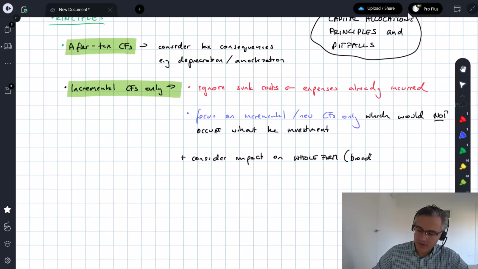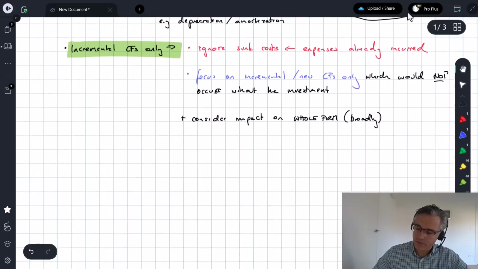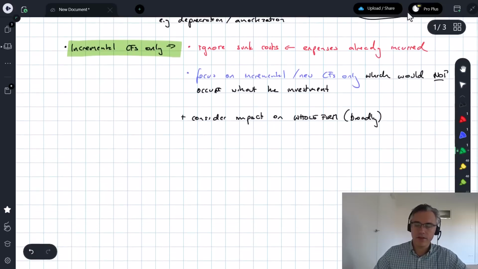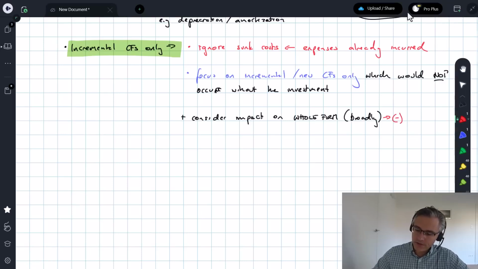Because sometimes a project that appears brilliant because it's supposed to generate huge sales benefits, etc., may actually cause you to lose sales from similar products elsewhere in your product line, because people will switch to this one from similar products that you also produce, and this is known as cannibalization in finance, right?